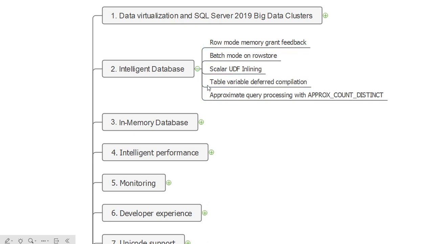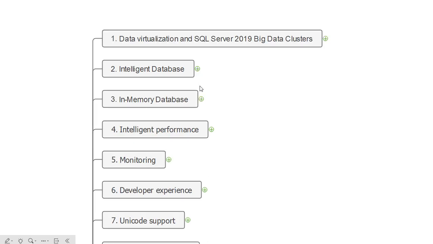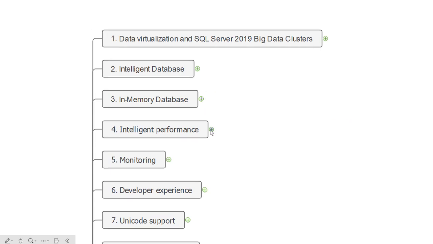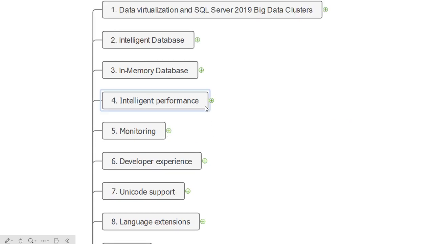These are the features inside Intelligent Query Processing. And the third one is the in-memory database, and inside it the new features are hybrid buffer pool, memory-optimized tempdb metadata, and in-memory OLTP support for database snapshots. This is the third feature of SQL Server 2019.